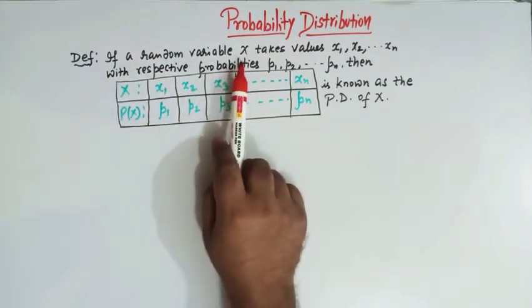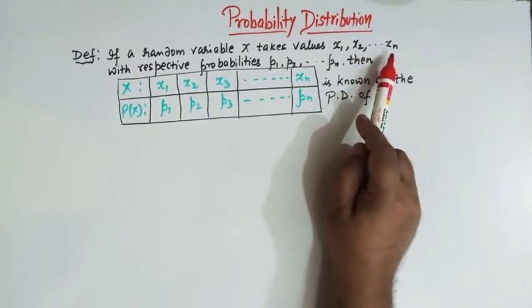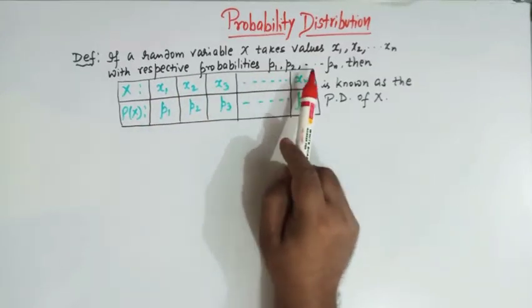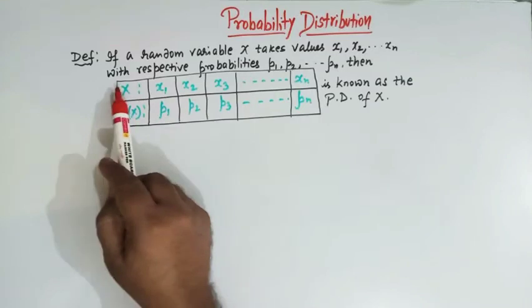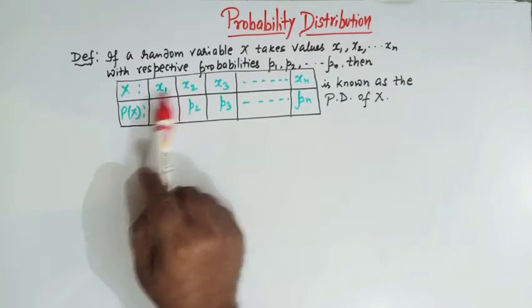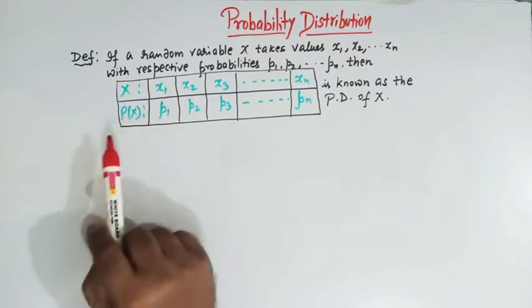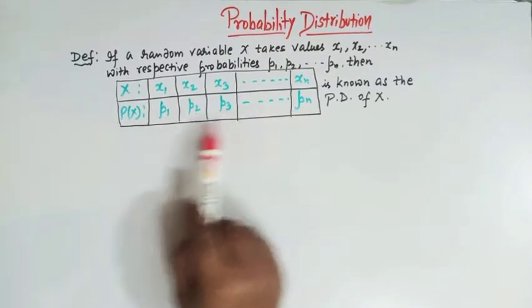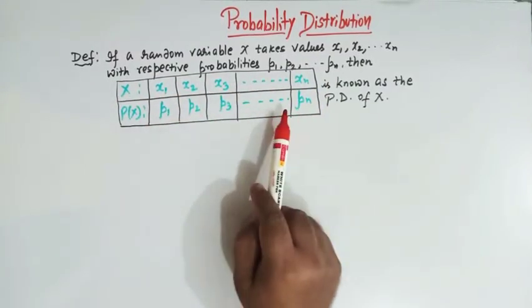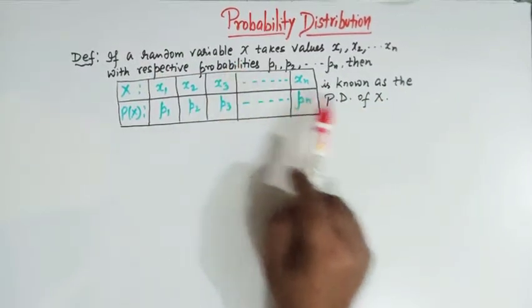Now if a random variable x takes values x1, x2, x3 up to xn with the respective probabilities p1, p2 up to pn, then this table, where the first row represents the values taken by the random variable x and the corresponding probabilities are shown in the second row, is known as the probability distribution of this random variable x.